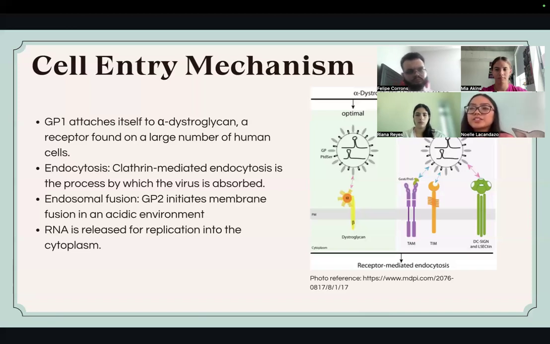The virus enters the cell through endocytosis after attaching. GP2 causes membrane fusion inside acidic endosomes, which lets the viral RNA leak into the cytoplasm. This exact and successful entrance mechanism contributes to the explanation of the virus' remarkable ability to proliferate through the body.